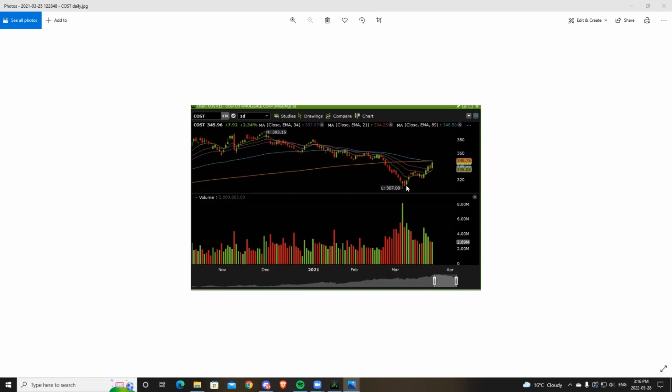I think if I remember correctly, this candle right here that was made on the daily chart, it gapped up to like 320-ish and then back down. So this candle, I wouldn't really enter.